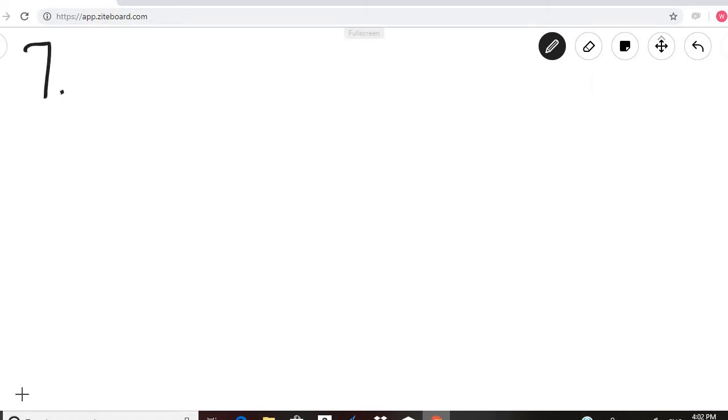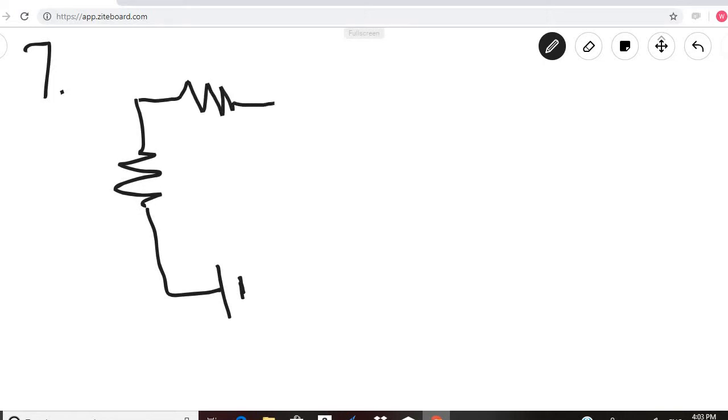Okay, number 7. Again, we have a drawing, so let's put that up here. Okay, this says determine the power drawn from the following circuit.